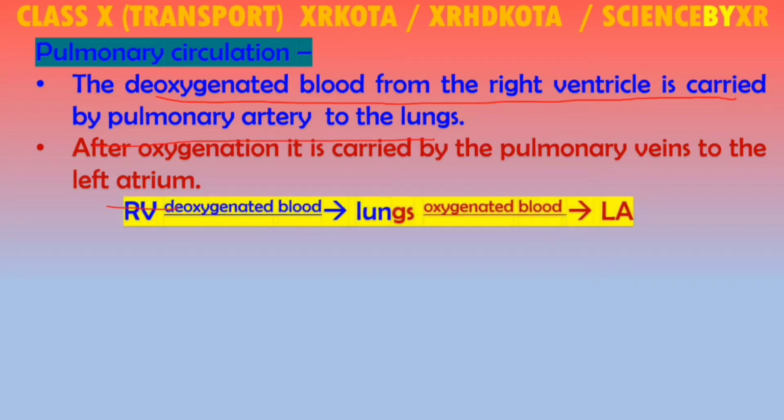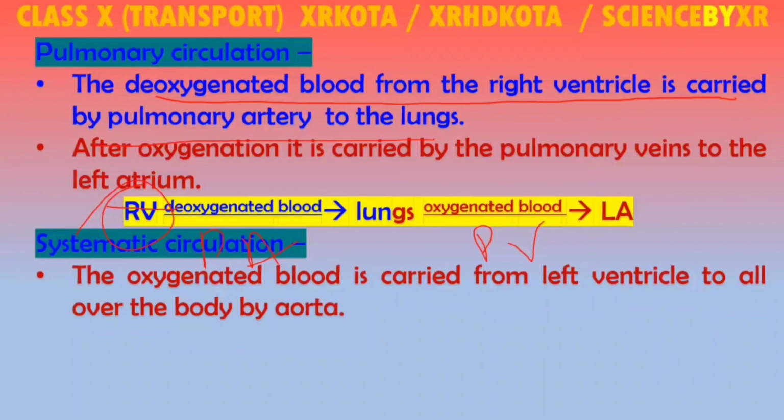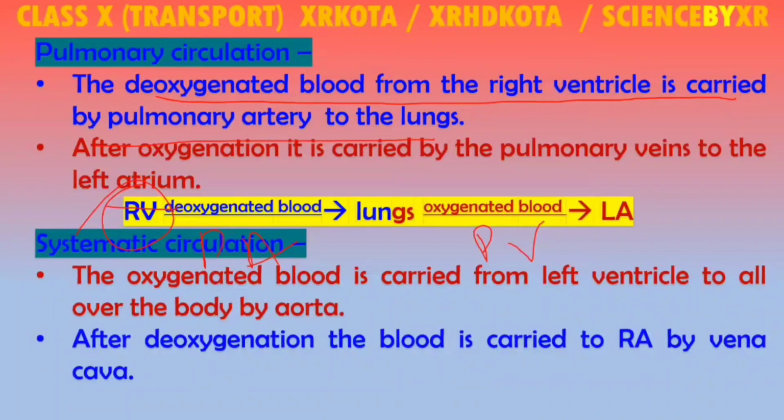If we make a line diagram, we can understand: the right ventricle has deoxygenated blood, which is carried by the pulmonary artery to the lungs where it gets oxygenated, and from the pulmonary vein it comes to the left atrium, then to the left ventricle, and from the left ventricle it goes all over the body.